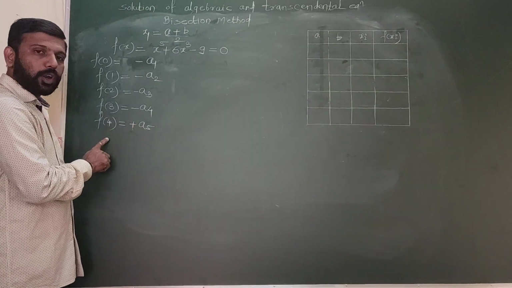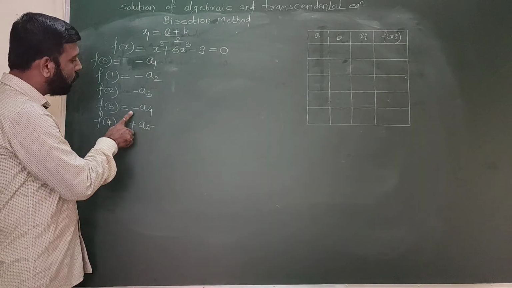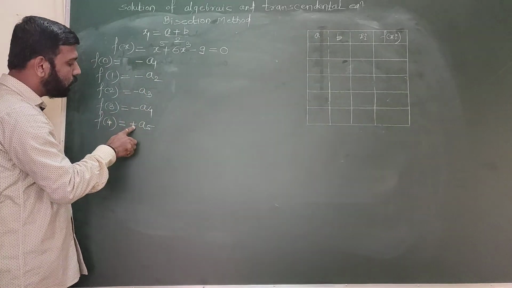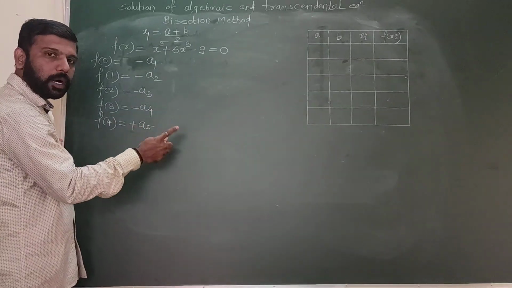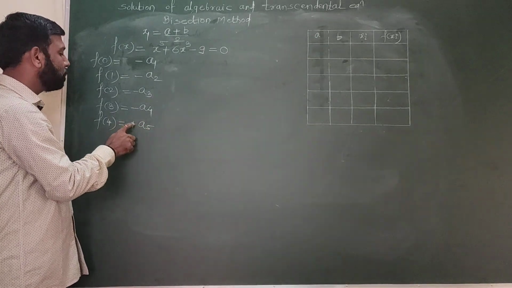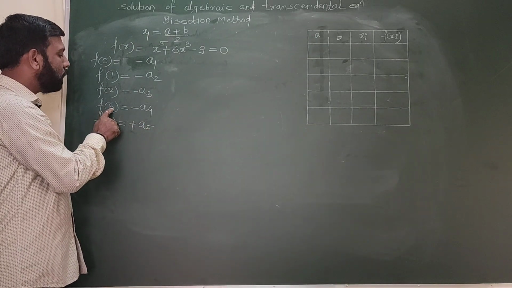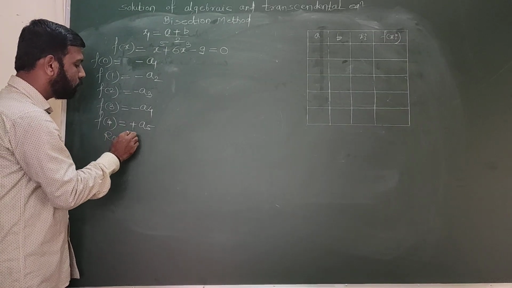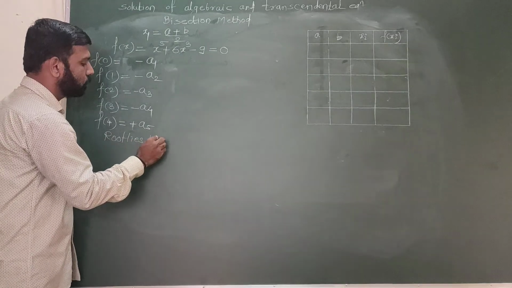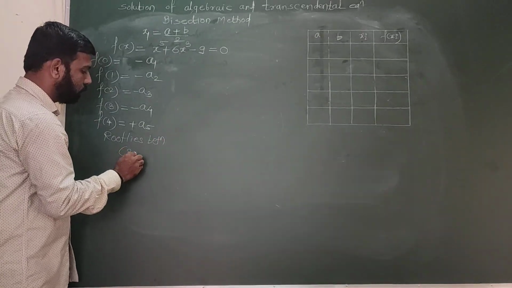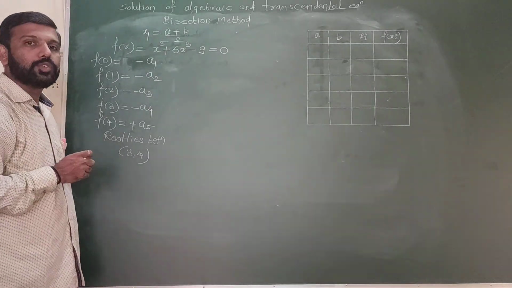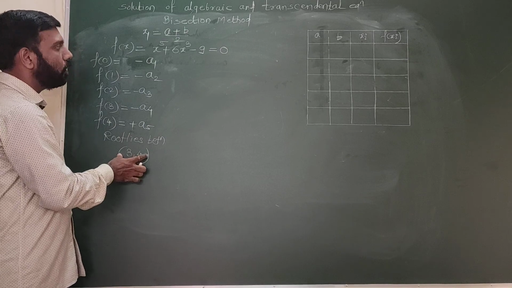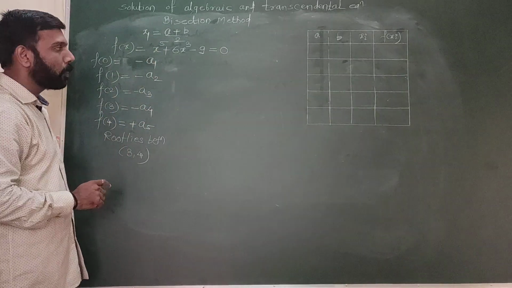We'll not go ahead for the f of 5 value, because when the sign changes, or when it becomes the opposite sign, we'll stop here. So here the interval is 3, 4. So the root lies between 3, 4. So this is our first interval where the root lies.